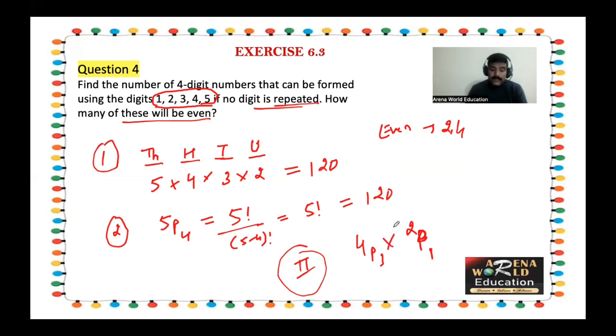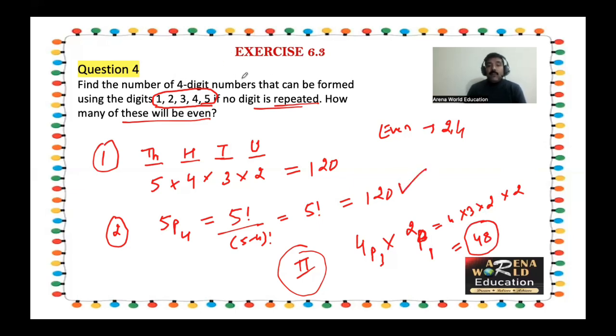So 4P3 into 2P1, which is 4 into 3 into 2, and 2P1 means 2 only. So it is 48. So there are 48 even numbers out of these 120 numbers, right?